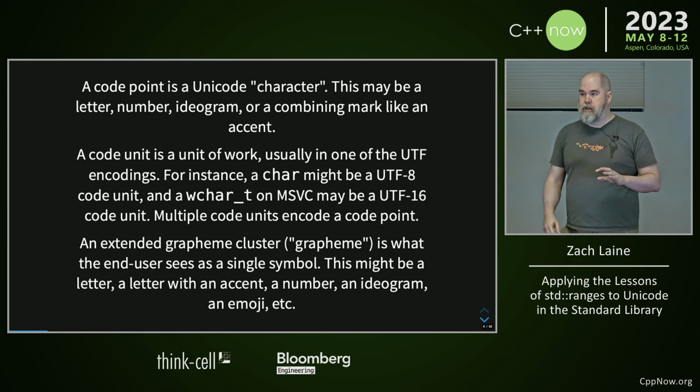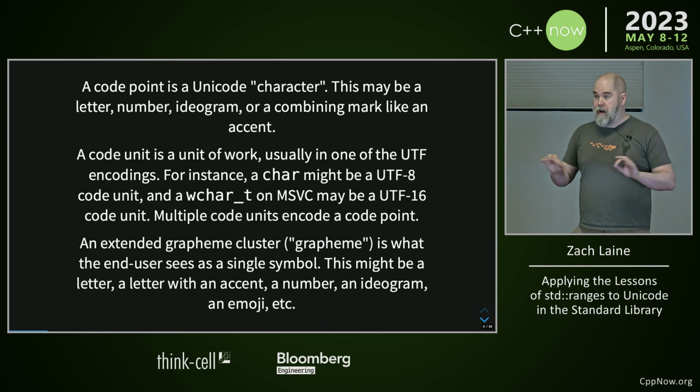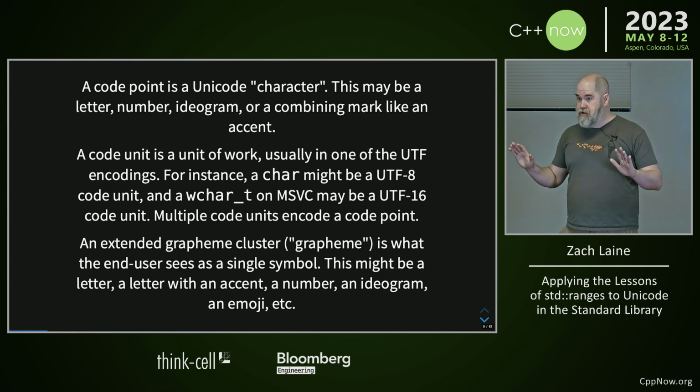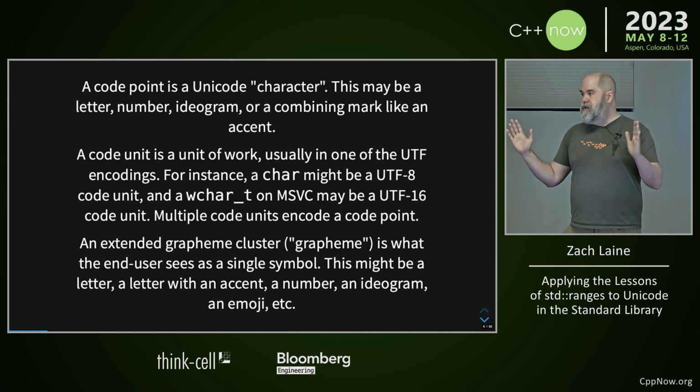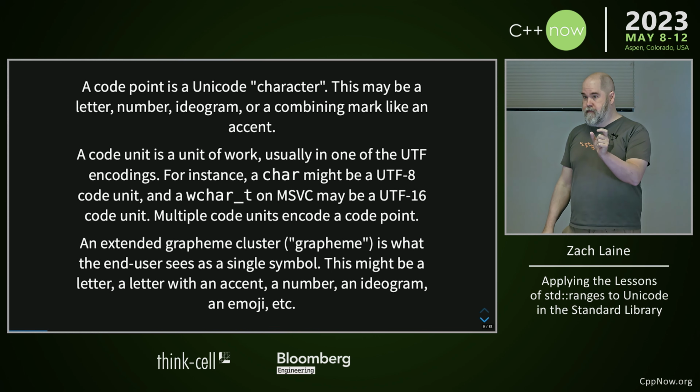And then there's this other notion, which we're just gonna call graphemes from now on, because extended grapheme cluster is way too much to say every time. What an extended grapheme cluster is, though, is all the stuff that a user, when they see your piece of paper or your screen, the final rendering of that text, sees as one glyph, okay?